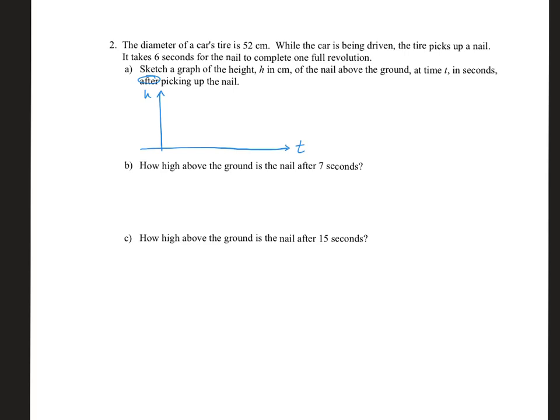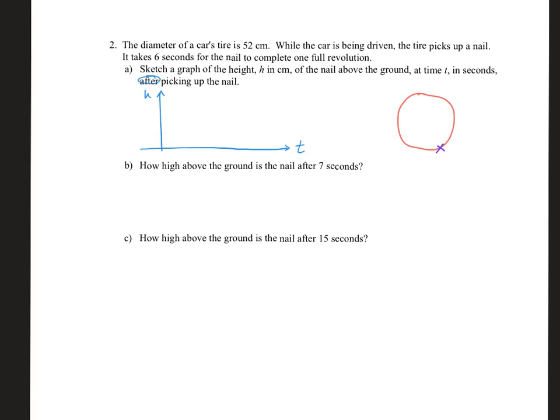Okay, the question then says, sketch the graph of it. So now we're going to put on the graph what happens as that nail rotates on that tire. The key thing is sometimes we'll get people who will want to draw a circle because they're trying to picture physically, like there's the nail, and the nail then will go around. We just have to be careful with that.